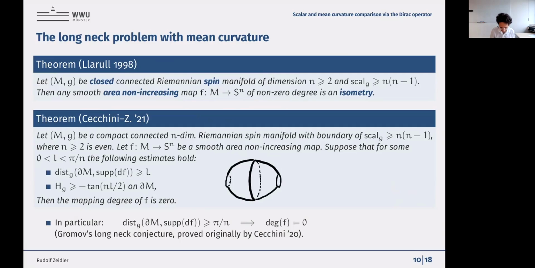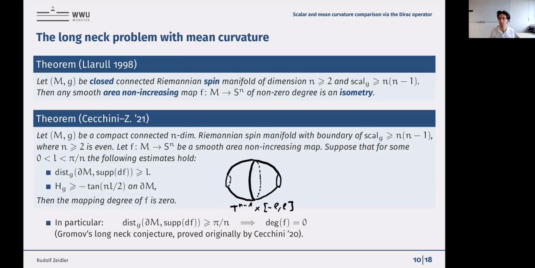So let's say this could be something like T^(n-1) cross some interval.